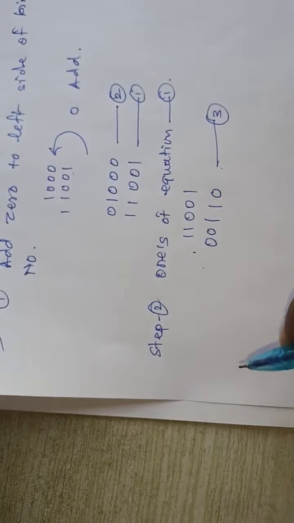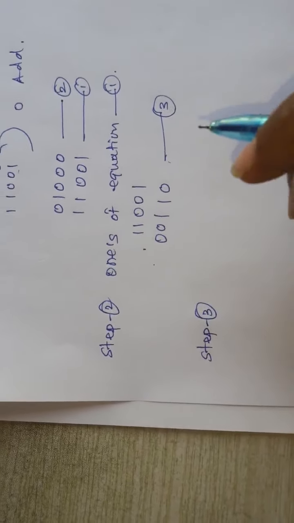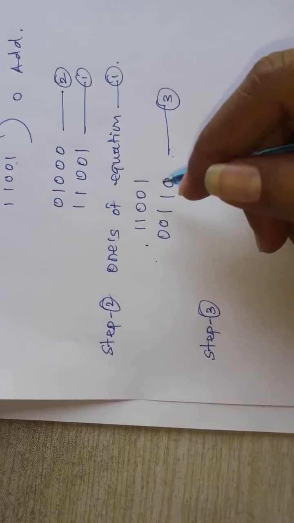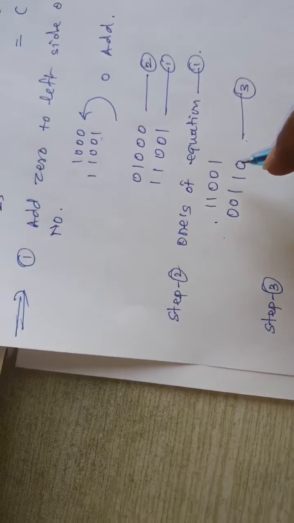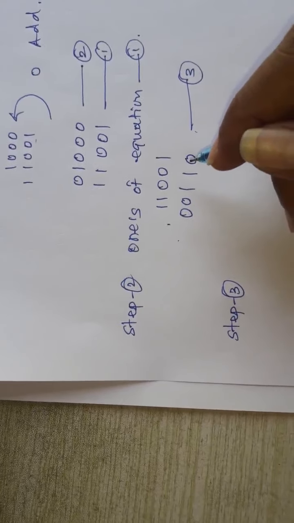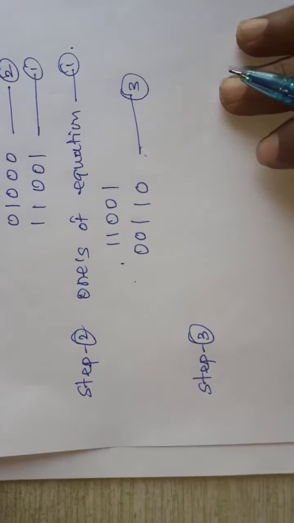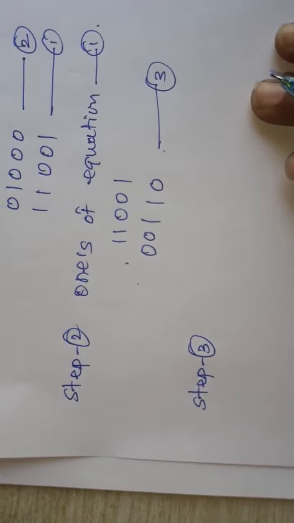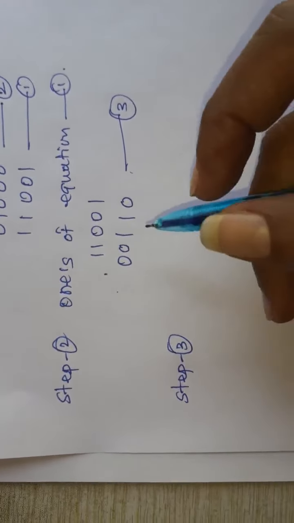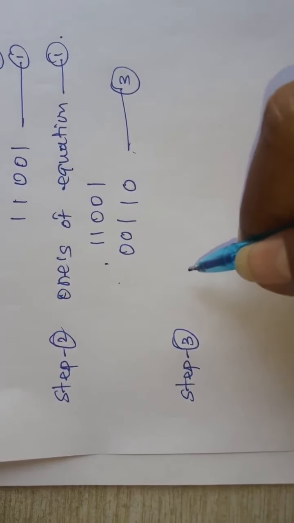Now what is our step 3? Step 3: obtain the one's complement, then add the one's complement of the subtrahend value. Let us check how we do it.